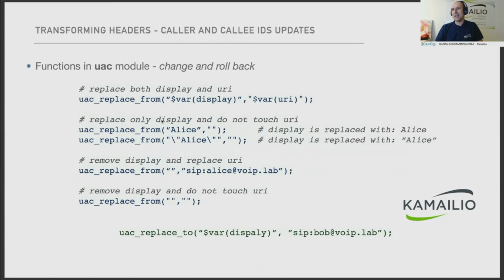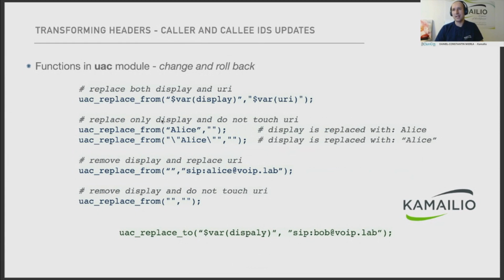A slide just to let you know that for the caller ID and callee ID, it's recommended to use the UAC module, because to be compliant with the RFC, you have to revert the value. As you update when sending out the request, the value has to be reverted when sending back the reply from Kamailio to the previous hop.